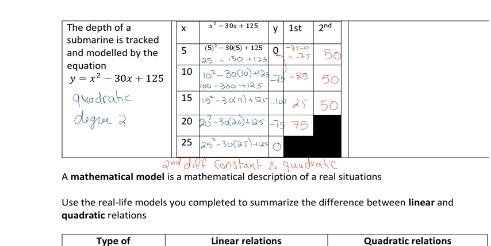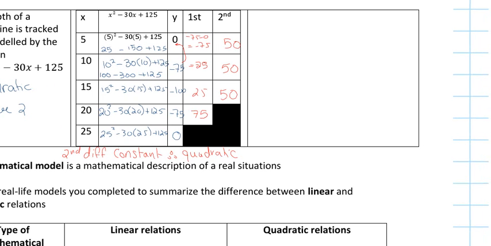Now, if I want to graph this, remember I'm graphing the x and the y. The x's are going up by 5, and the y's are in the negative. And then I'm going to go down by negative.